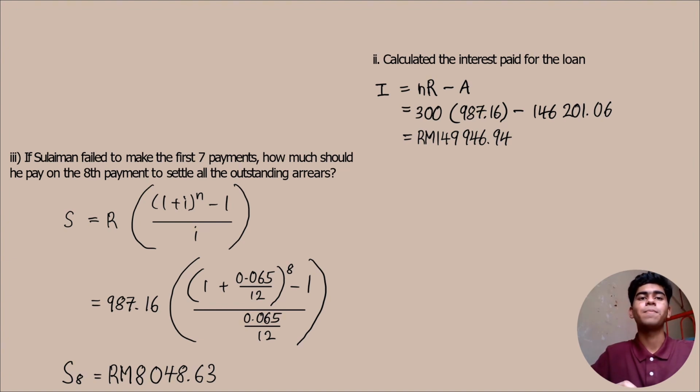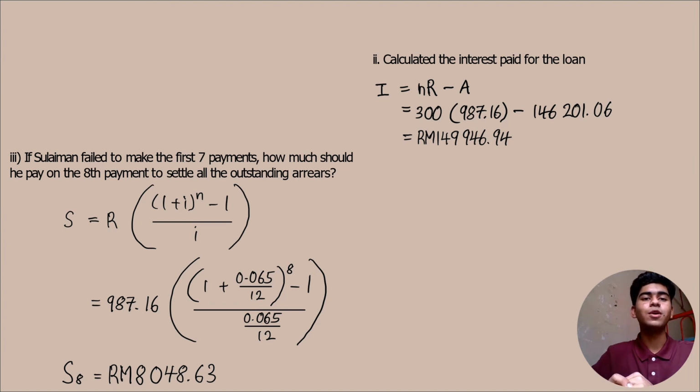149,946.94 ringgit. So the last question is, if Sulaiman failed to make the first 7 payments, how much should he pay on the 8th payment to settle all the outstanding arrears? So the solution is S equals R multiplied by in bracket 1 plus i power of n minus 1 over i close bracket.